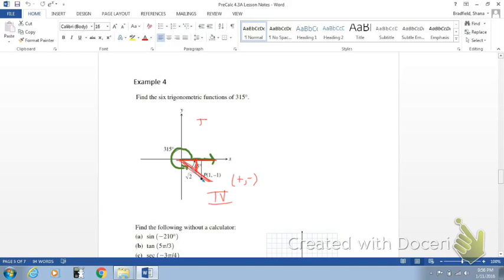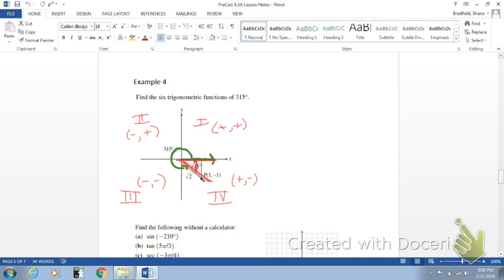The first quadrant, the x's are all positive and the y's are all positive. In the second quadrant, we have negative x's and positive y's. Let me back that up just a little bit. Our x's are negative and our y's are positive. And then in the third quadrant, we have negative x and negative y.